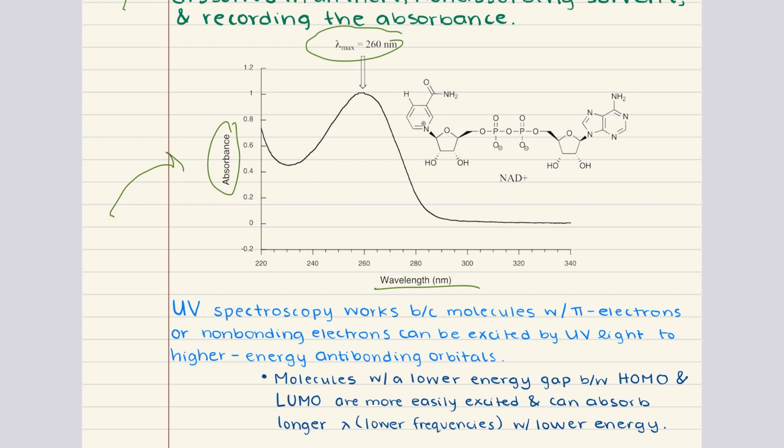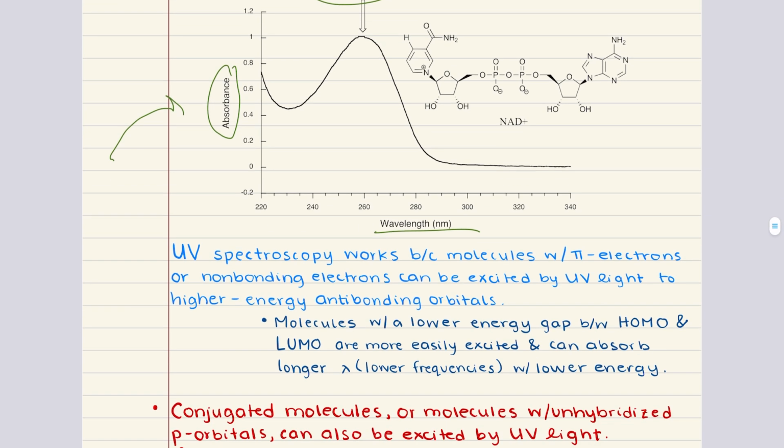Whether this promotion happens at a shorter or longer wavelength depends on how much energy is needed to excite the electron. And that depends on the energy gap between the lower energy orbital that the electron starts in, called the HOMO, or highest occupied molecular orbital, and the higher energy orbital it moves into, called the LUMO, or the lowest unoccupied molecular orbital.